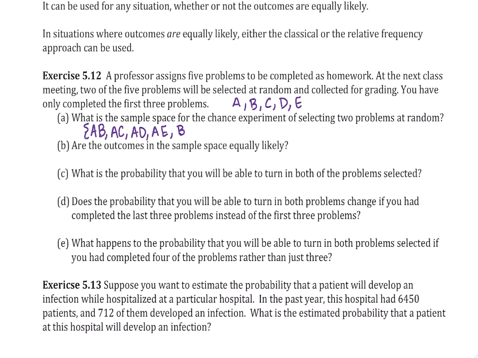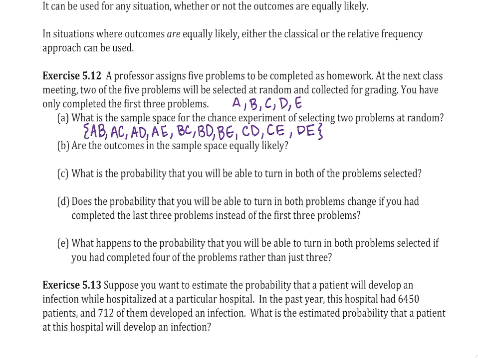So I don't have to do BA, I've already done that. So I'm going to go to BC, BD, and BE. And now go to C, go down that list. I can do C with D, C with E, because the other pairs with C have already been made. And then the last one is going to be D with E. So you see here we have 1, 2, 3, 4, 5, 6, 7, 8, 9, 10 outcomes out of the way that this can be chosen.